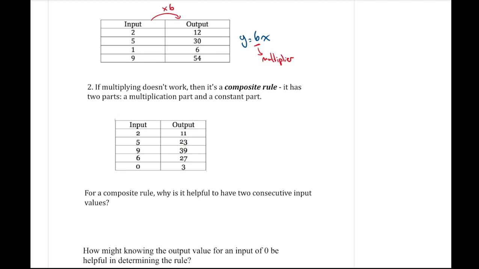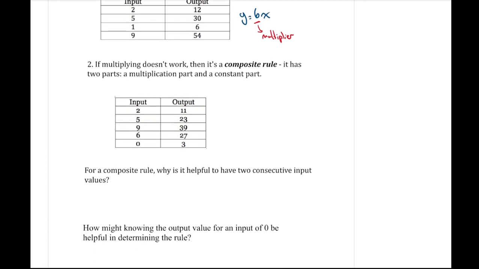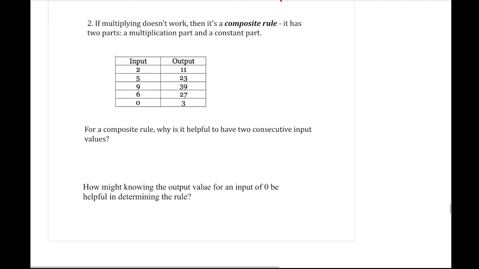So when we have two parts, there are two strategies that we can use. One, it's helpful to have two consecutive input values, or position numbers, 1 and 2, 2 and 3, 3 and 4, and so on. Why is that helpful?